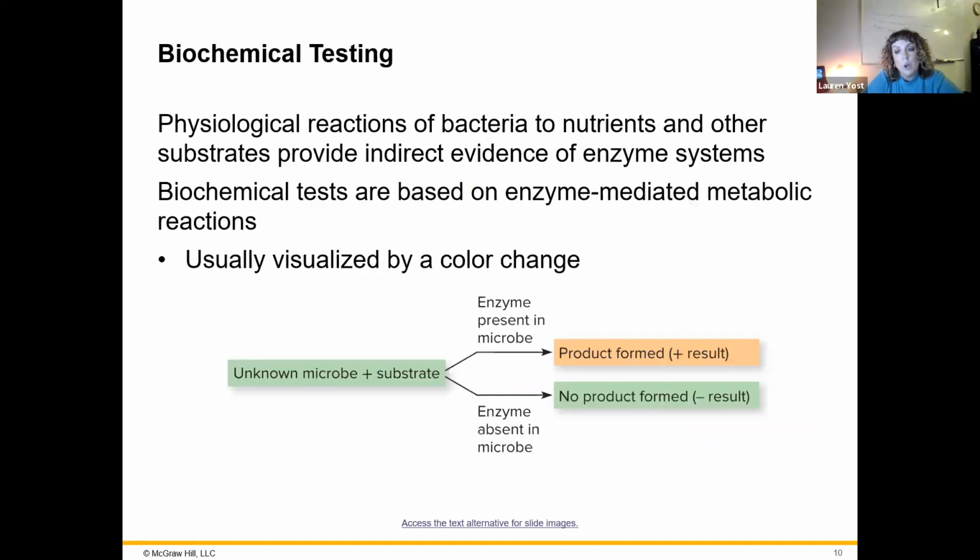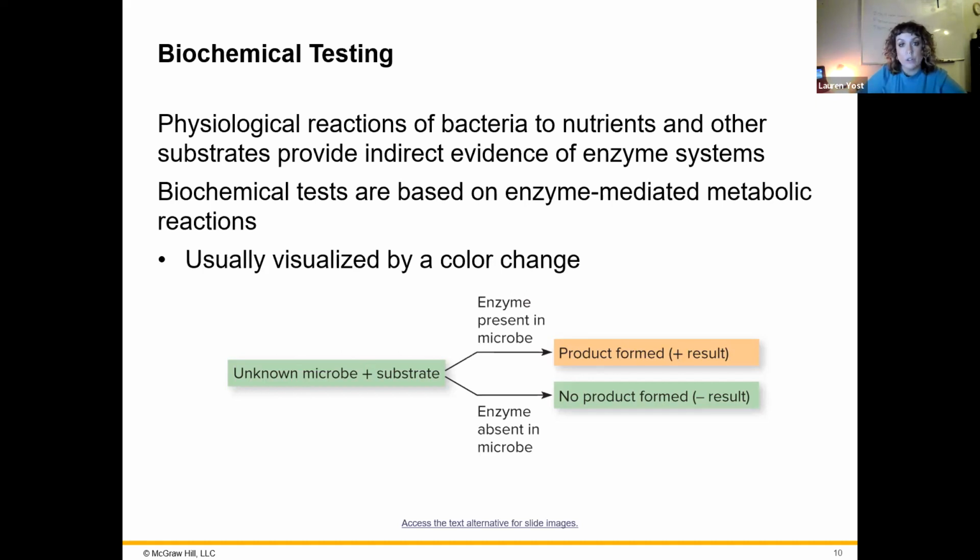So you could get to a broad answer, and you might need to do more testing to get the more specific answer, but now you might have a direction to move in, whereas it might have been too daunting, having not already looked through that dichotomous key sort of setup. So biochemical testing, here we're looking at those physiological reactions of bacteria to the nutrients in the media.